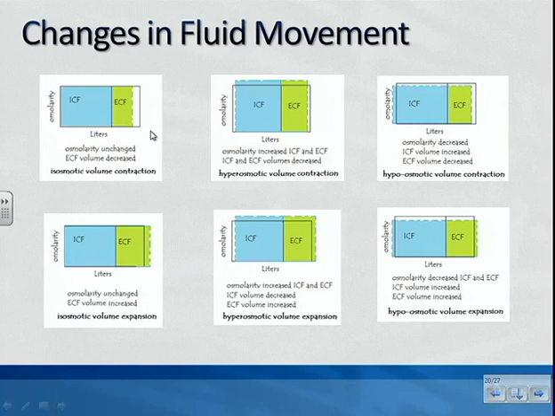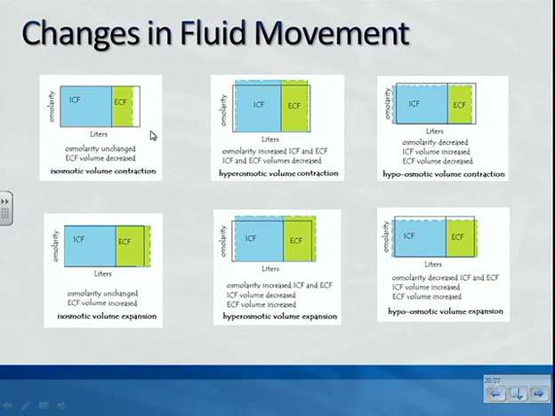I wrote it down. Now notice this terminology. This terminology applies to what has gone on with the extracellular fluid. Contraction means there's less fluid in the extracellular space or compartment. Expansion means there's more.